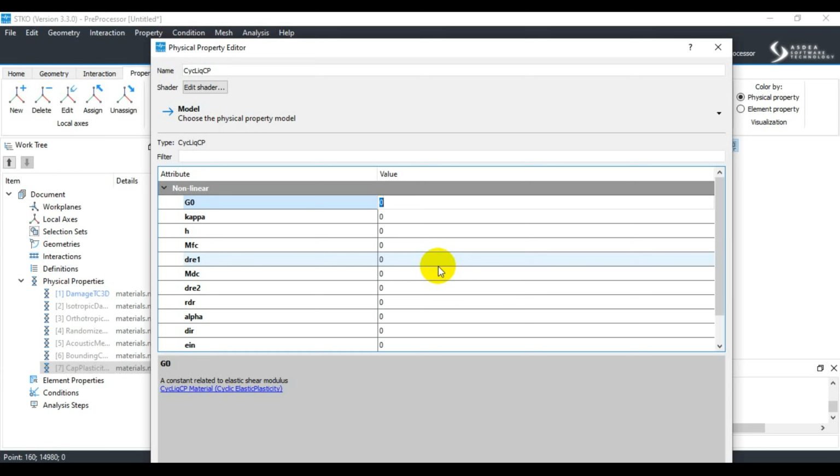Regarding the usage of this model, it has been tested and validated against experimental data from centrifuge tests and model tests. You can study the literature for this, and it has been used in various simulations related to liquefaction problems, indicating its applicability and reliability.